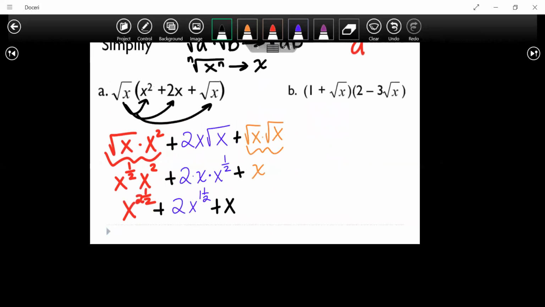What we want to see here is that we can rewrite them all as improper fractions. So what's the improper fraction for 2.5? 5/2, plus, what's the improper fraction for 1.5?